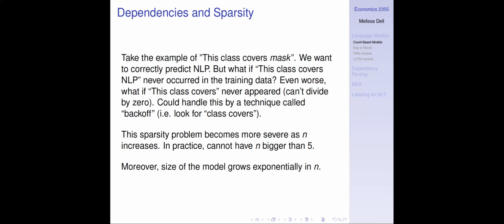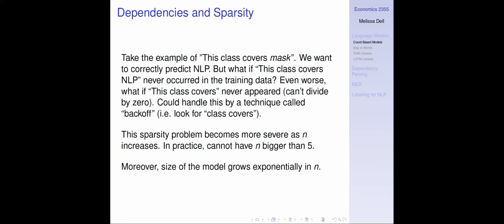Importantly, this sparsity problem becomes more severe as n increases. The longer the length of dependency that you take into account, the less likely the model was exposed to that specific n-gram in training. So in practice, these models just don't work if n is bigger than 5, and it's more common to use a 3-gram.